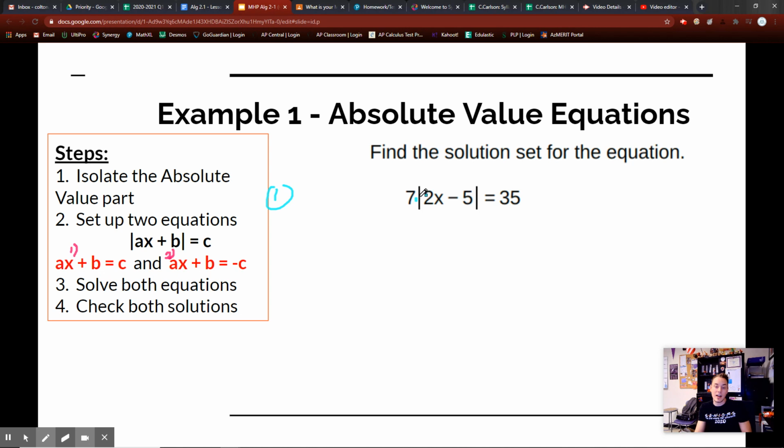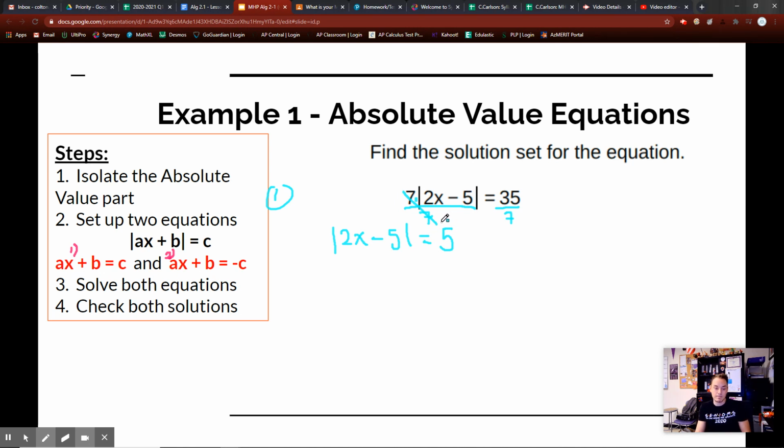It doesn't show you that dot, but I'm going to put a dot there because that dot means multiply. So that means I need to first do the opposite of multiplication, which is division. And what I do to one side, I must do to the other, which means that goes poofy. What am I left with now? The absolute value of 2x minus 5 equals 35 divided by 7, which is 5. Perfect.